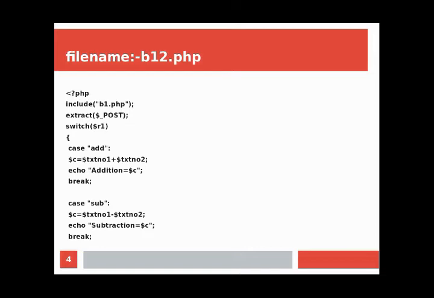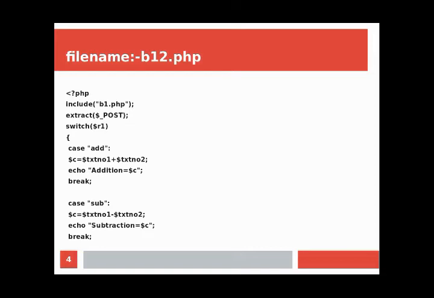So we will see that here our PHP program starts. Then include b1.php, the earlier file, which we include here, whatever we created there. So that's why include, then in brackets within double quotes b1.php we called here. Then extract: we extract the post method, that's why $_POST is given.